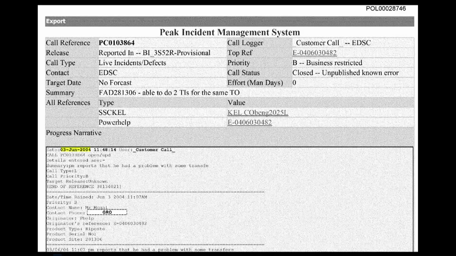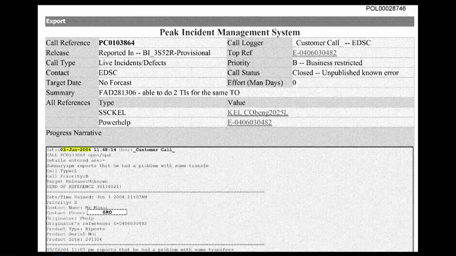And was the problem recorded by this peak a discrepancy arising after transfers which were being replicated twice? Yes, a transfer is when you're moving cash or stock from one stock unit to another.